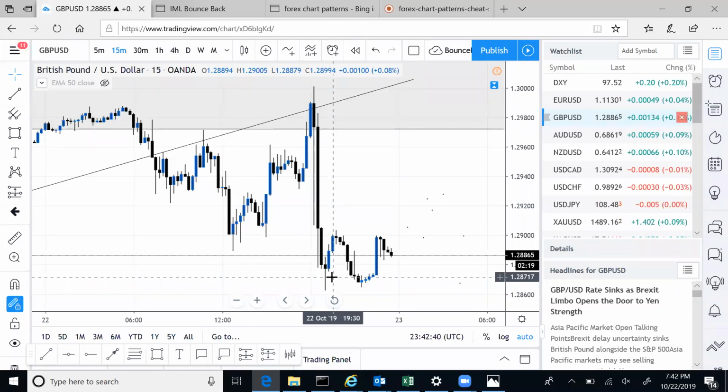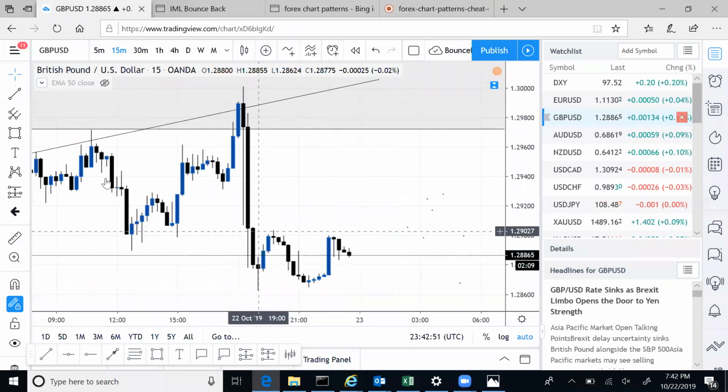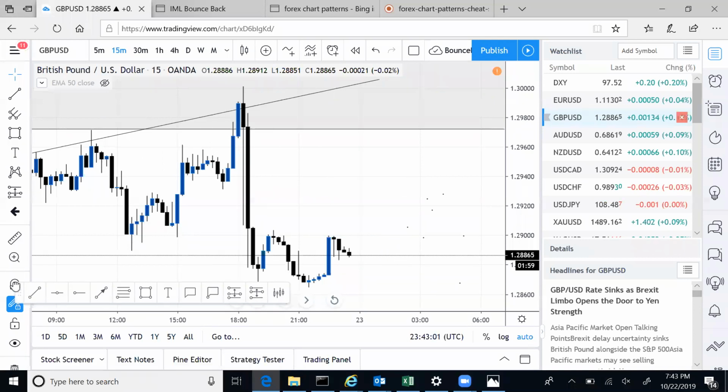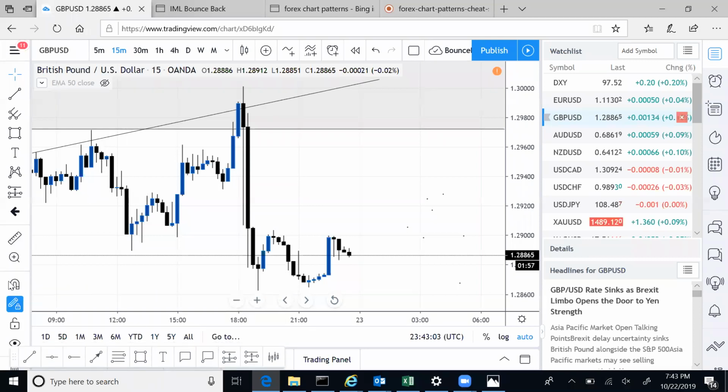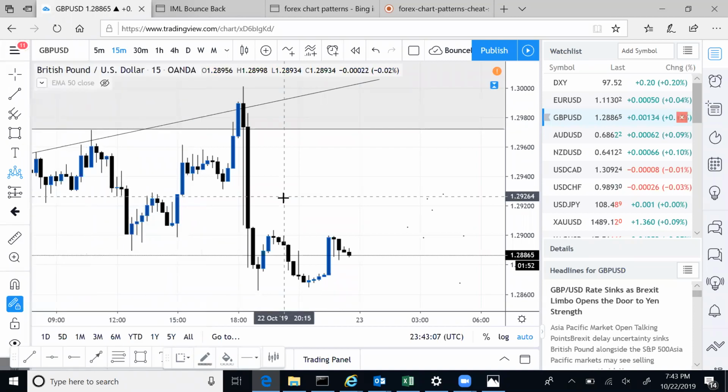So although the wick in the head is longer than the right shoulder, it is an inverted head and shoulders. Look, this is an inverted head and shoulders pattern. I want you guys to realize that it's not always going to be perfect.